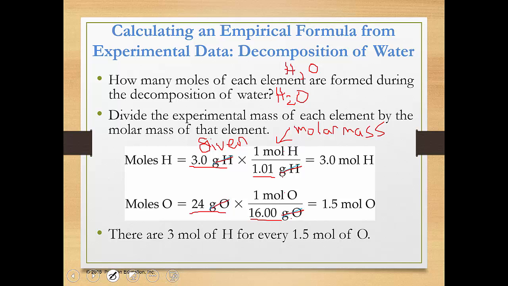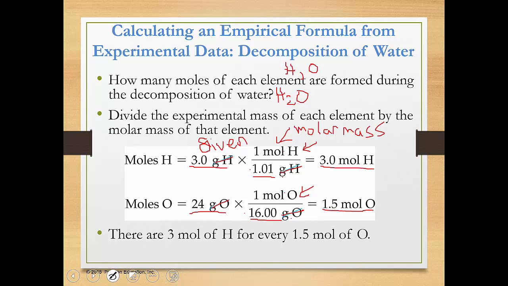I'm putting those on the bottom, here and here, and then I have number of moles in the numerator of each of these. So when I work that out, it tells me that in 3 grams of hydrogen, I have 3 moles of hydrogen, and in 24 grams of oxygen, I have 1.5 moles of oxygen.